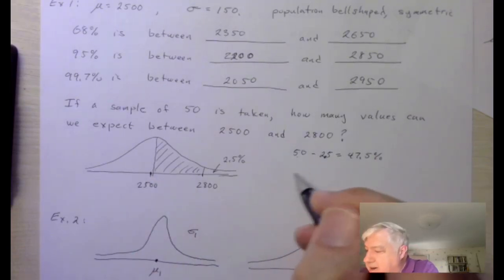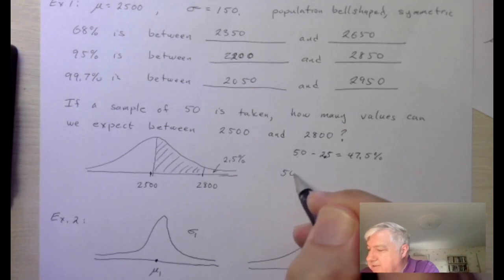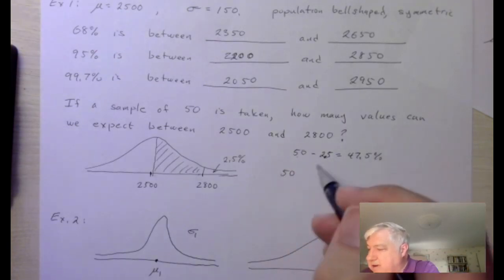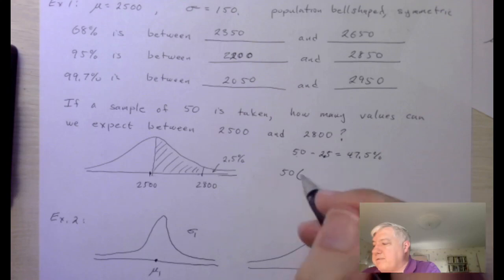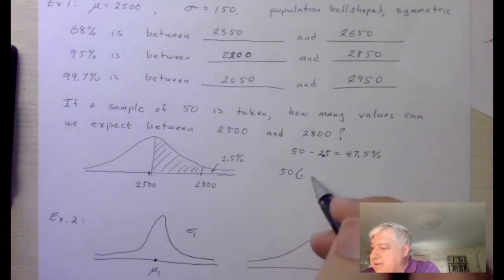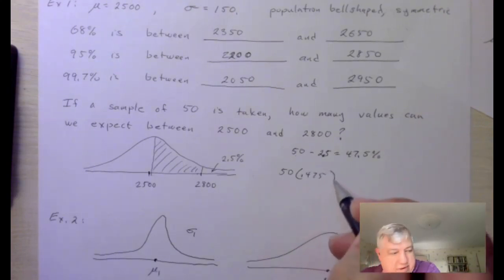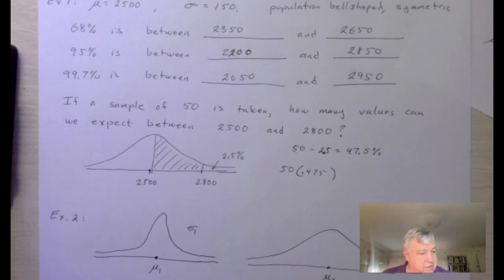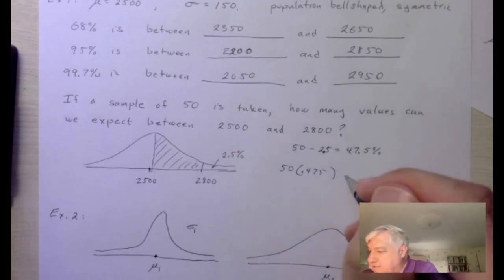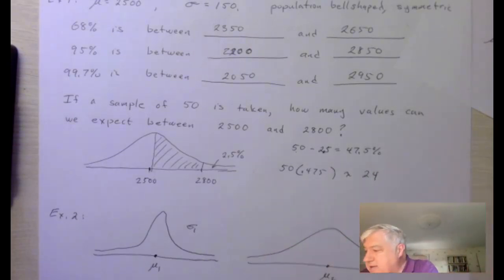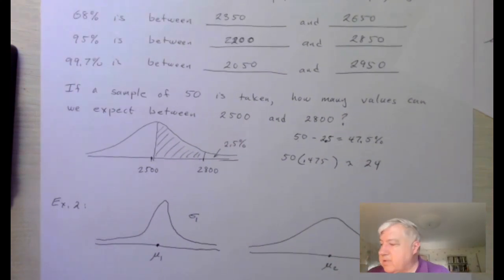And then our sample size is 50. What would be 47.5% of that? We just take 50 times 0.475, right? And this would be approximately 24. So you'd expect a little less than almost half, which kind of makes sense.